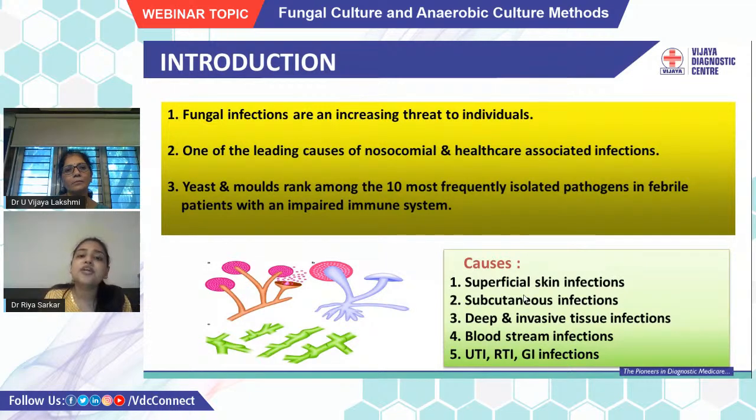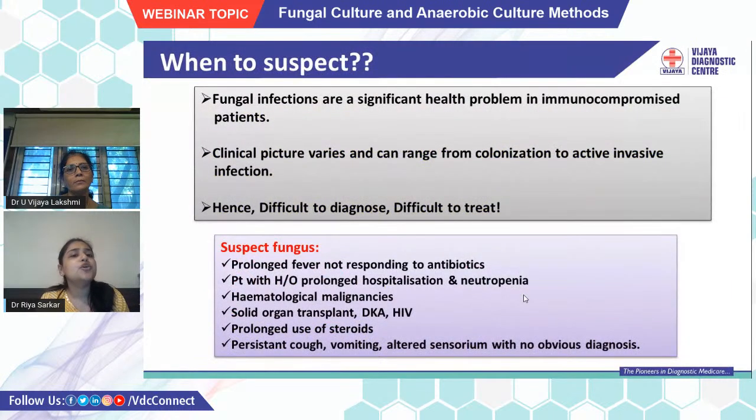Fungus causes infections ranging from superficial skin infections to subcutaneous and deep infections, often causing septicemia and systemic infections. The clinical picture varies from a tiny colonization to an active invasive fatal infection, hence difficult to diagnose and difficult to treat.